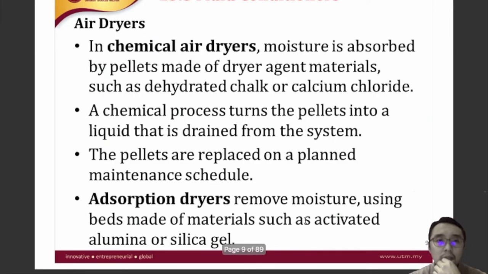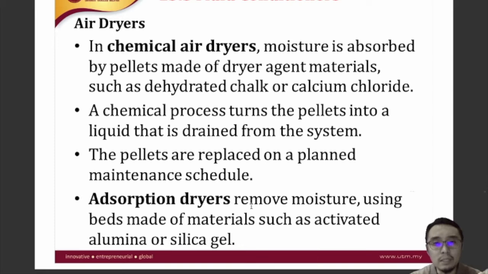For the absorption in chemical dryers, you would have some dryer agent material, consumables, which will absorb the water from the air.